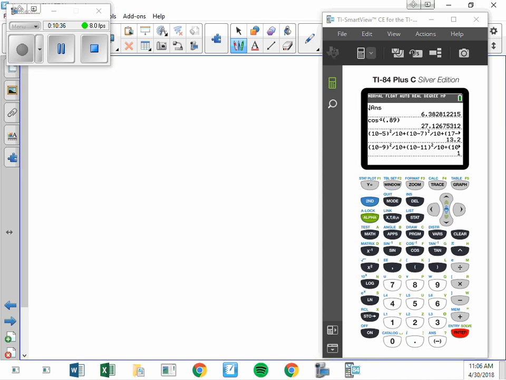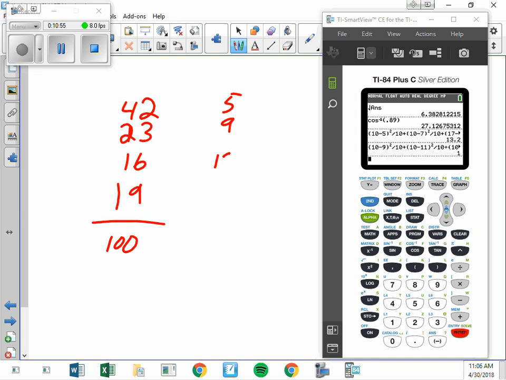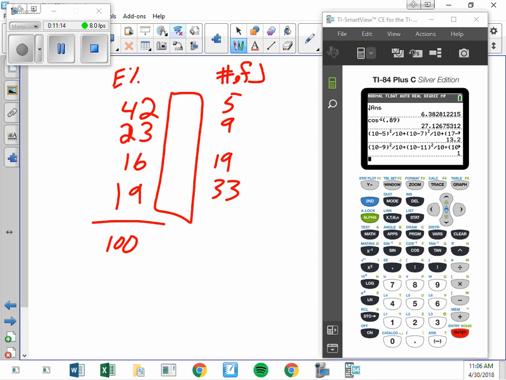Now answer the investigator's question. So the table: 42, 23, 16, 19, and then 5, 9, 19, and 33. This is the expected percentage. This is the number of jurors. What do we need to do? We need to make a new column.